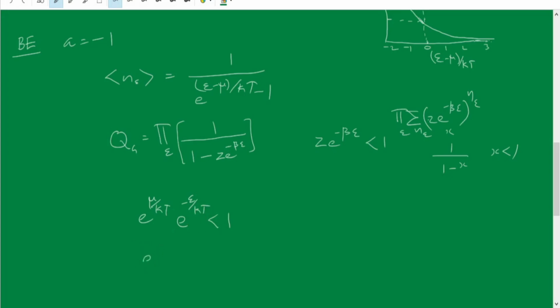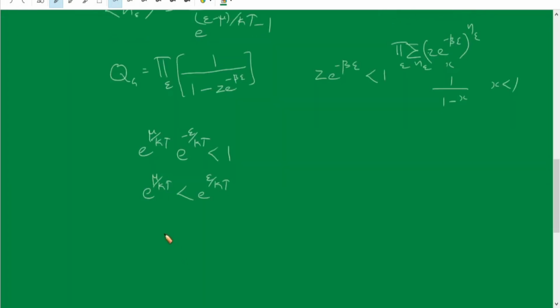Therefore, you can write e raised to mu divided by kT, this goes to this side, so this will become plus e divided by kT. So e raised to mu divided by kT is less than e raised to e divided by kT. Therefore, you can write mu is less than e.